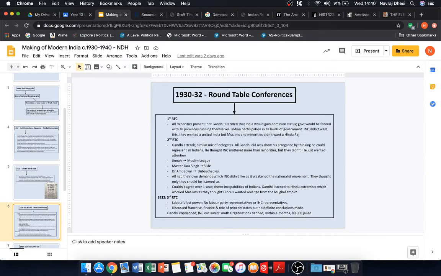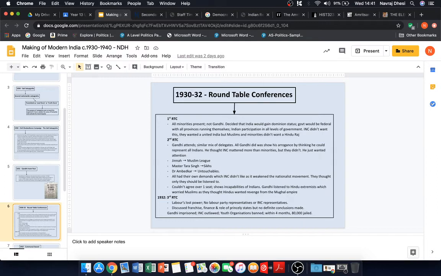Right, the roundtable conferences. Now, the roundtable conferences are really important. The reason why the roundtable conferences are so important is because they begin to show how the inability of religious leaders to cooperate with each other paved the way for the policy of partition in 1947.